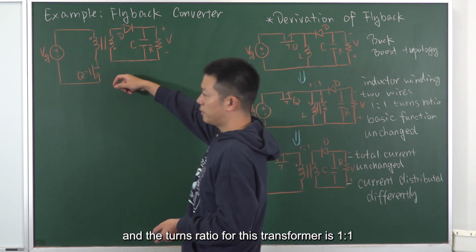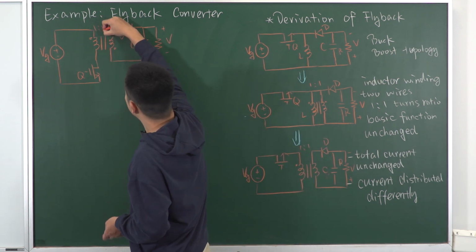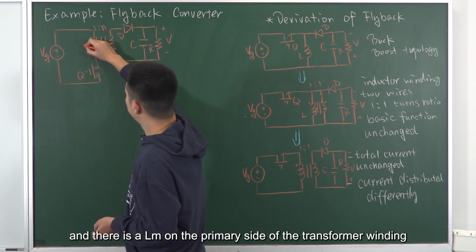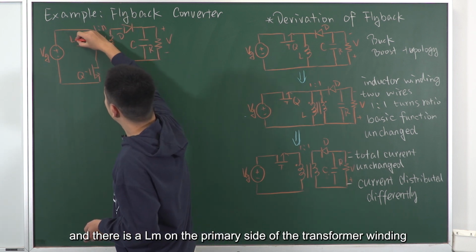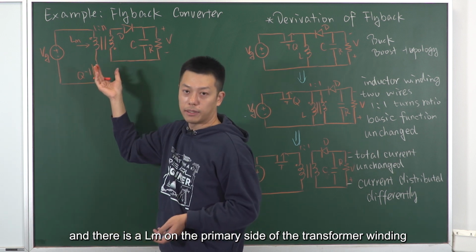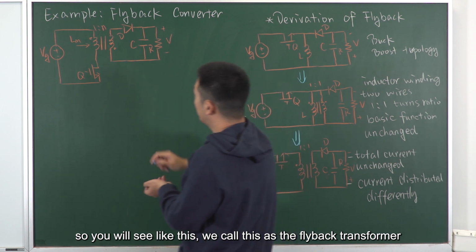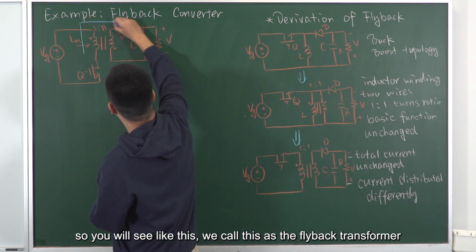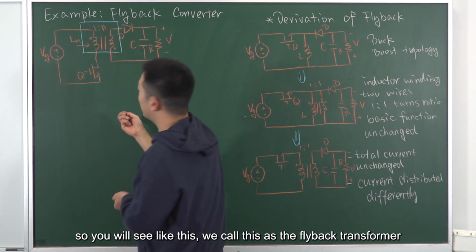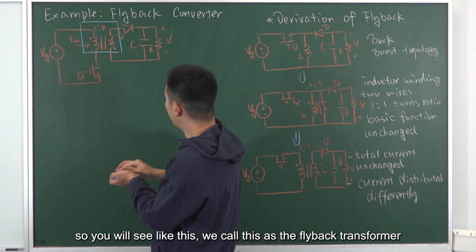The turns ratio for this transformer is 1:n, and there is an Lm on the primary side of the transformer winding. We call this the flyback transformer.